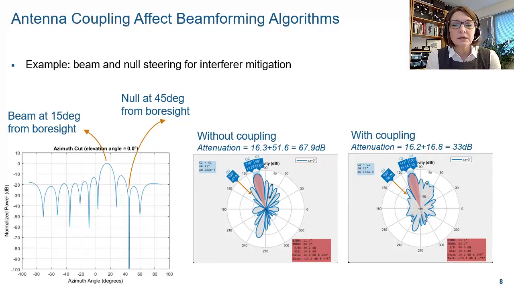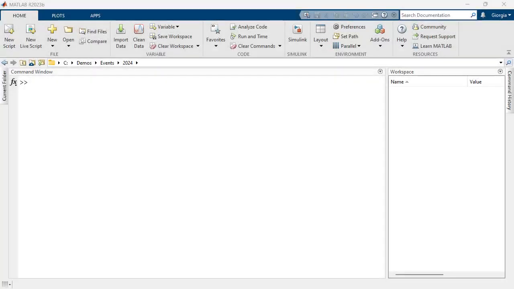In this case, the directivity is 16.2 dBi, only 1.1 dB of difference, but the null is 16.8 dB, which means that we attenuate our interfering signal only by 33 dB. This is a big difference and can make the difference between a receiver that works versus a receiver that does not work. Let's now see this example in practice.